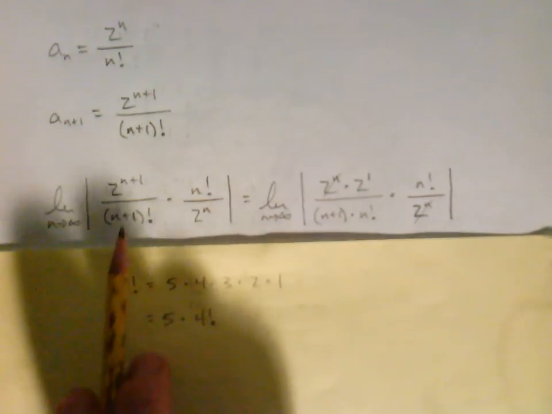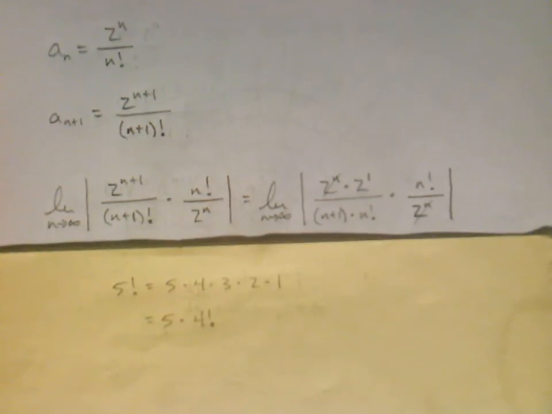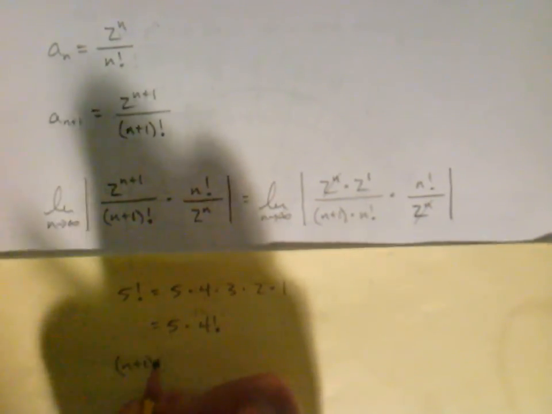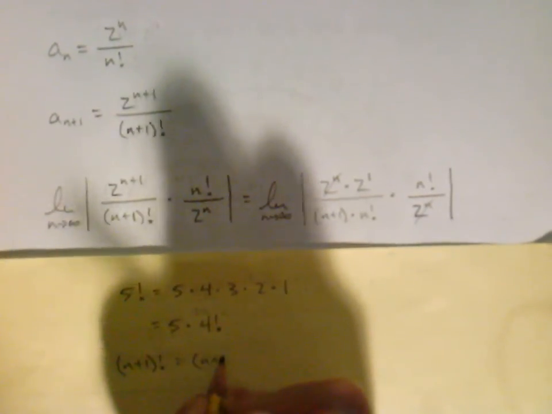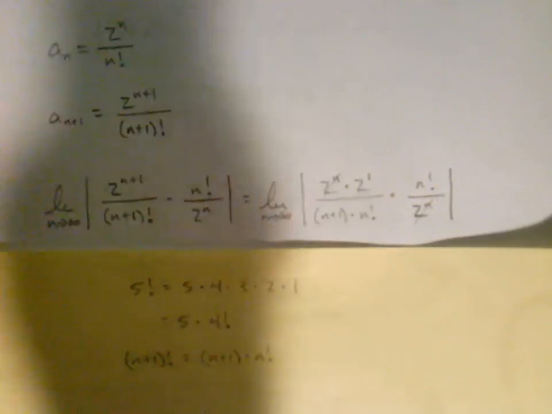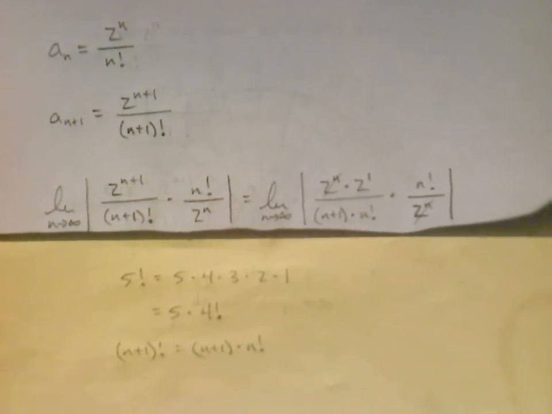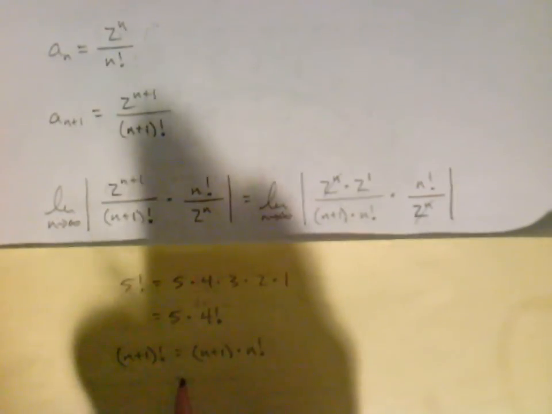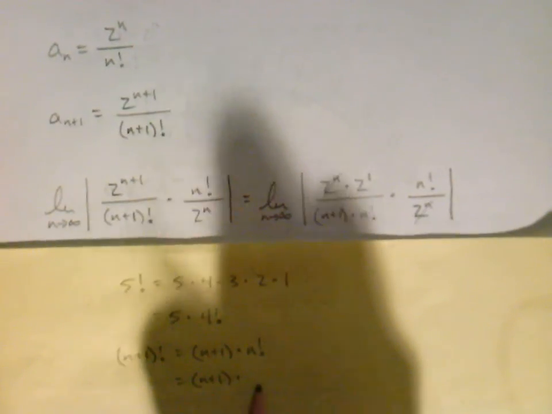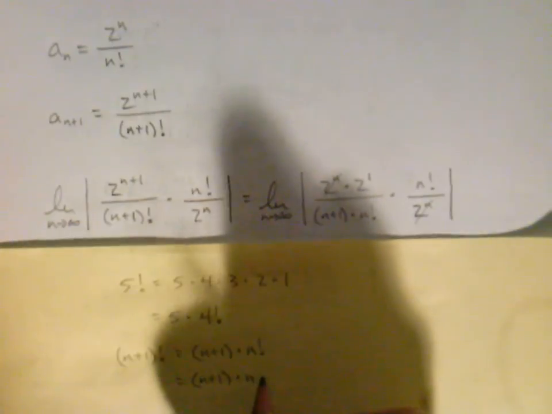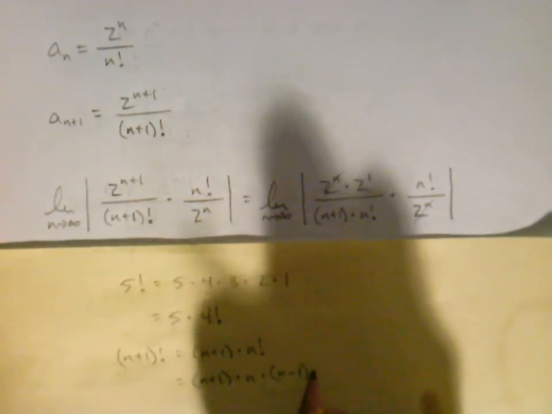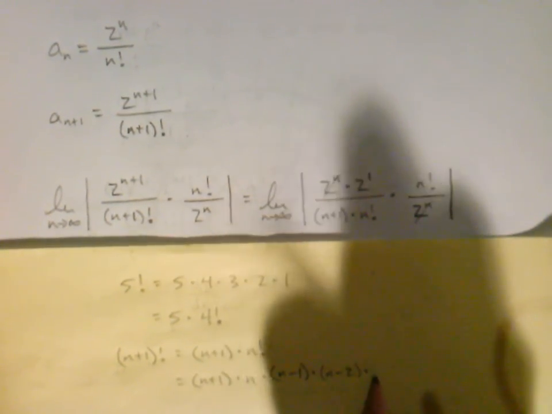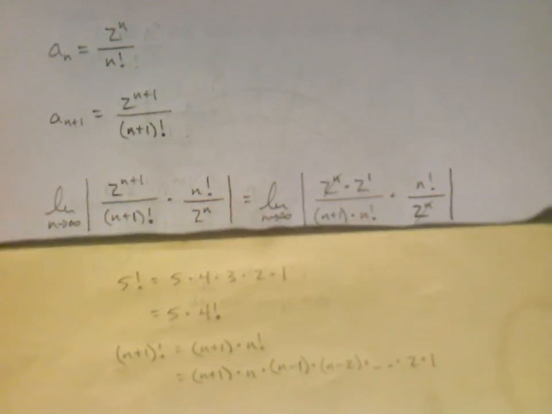Okay, so if I've got n plus 1 factorial, then I could think of that as n plus 1 times n factorial. Right? I mean, wouldn't it be, if we saw it all written out, n plus 1 times n minus 1 times n minus 2, and I would keep counting down until I got to the end, whatever the value of n was.